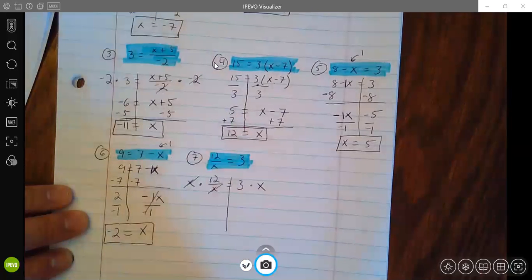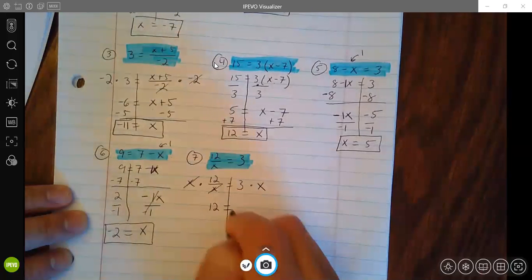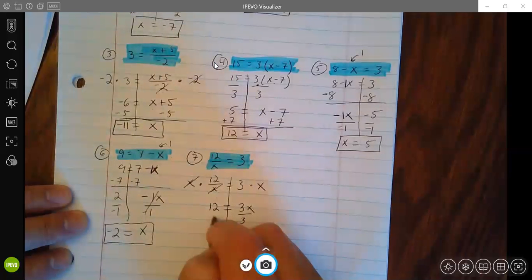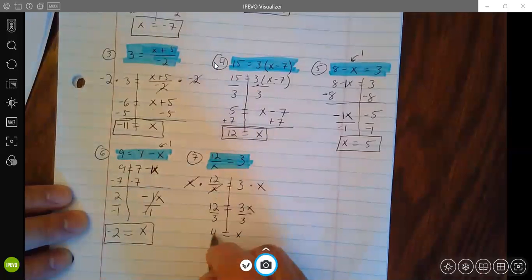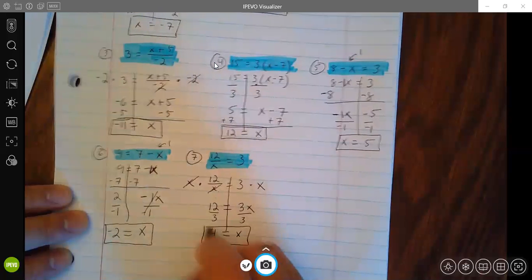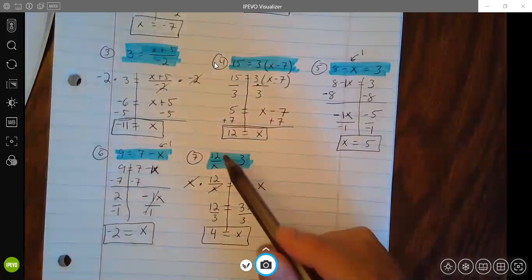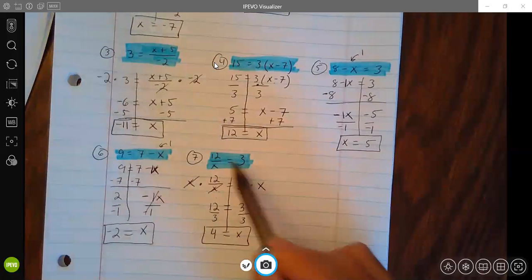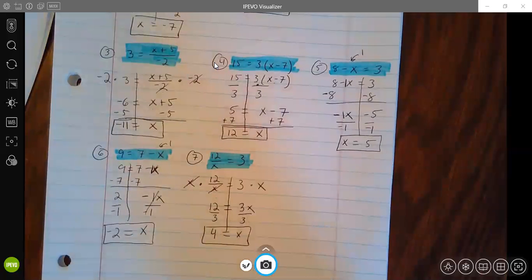So what I have left is 12 equals 3x. And then 3 times x, opposite of times is divide. So I get x equals 12 divided by 3, which is 4. So again, you just have to think to yourself, what does x have to be in order for this to equal 3? x has to be 4.